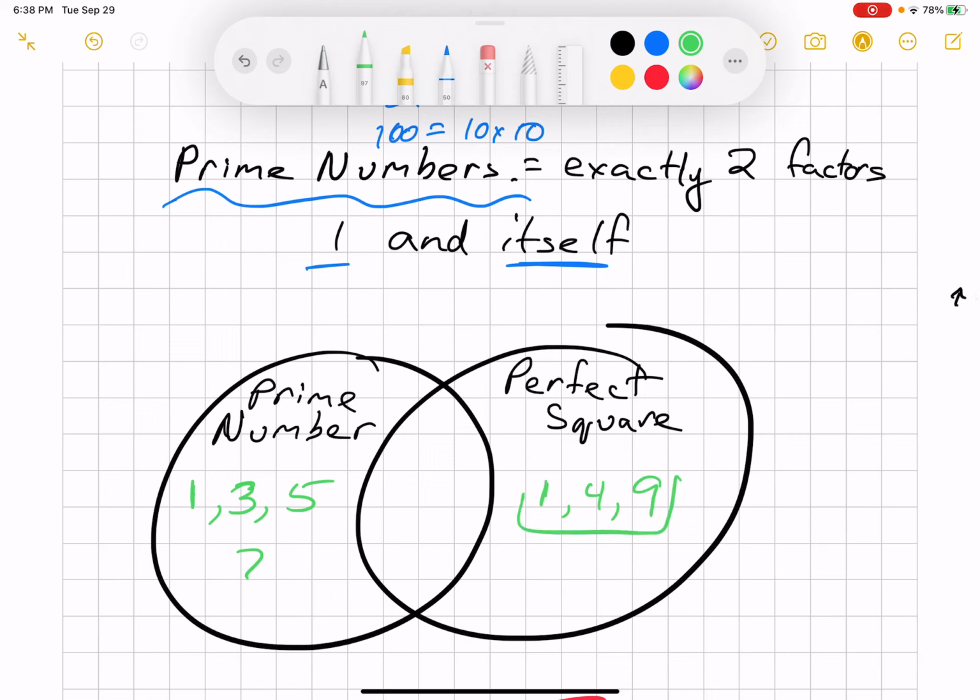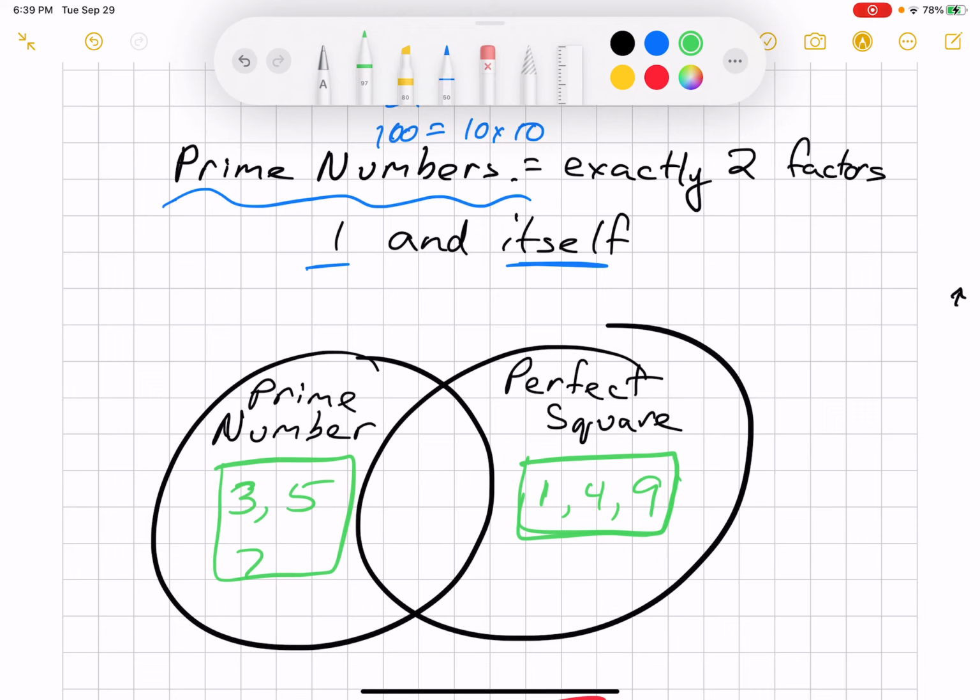Actually, 1 is not classified as a prime number because it's 1 times 1. Okay, so that's where I messed up. All right, so all of these numbers here are perfect squares. All of these numbers are prime numbers, and none of them are perfect squares.